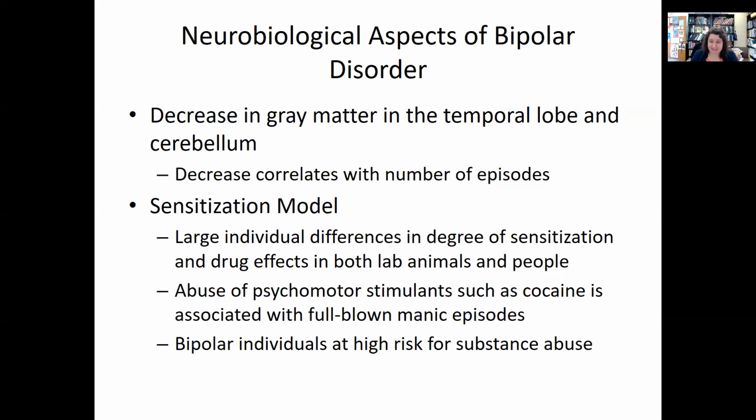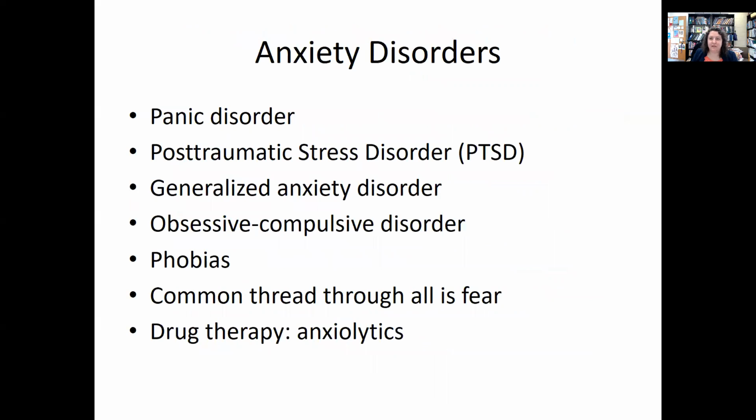Abusing stimulants like cocaine is associated with manic episodes. And bipolar individuals in general, because of the pathology, are at high risk for substance abuse, and so they're often recurring. As I mentioned, anxiety disorders are also related to that HPA axis.